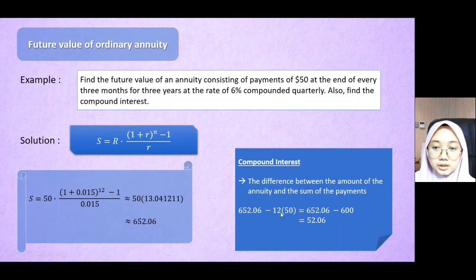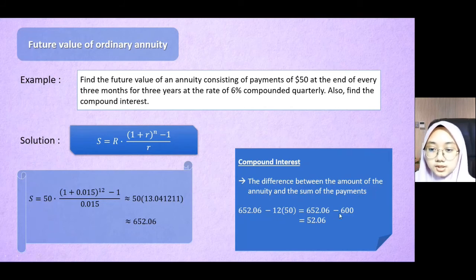We multiply the 12 periods by the $50 paid for every quarter, for every period of time.